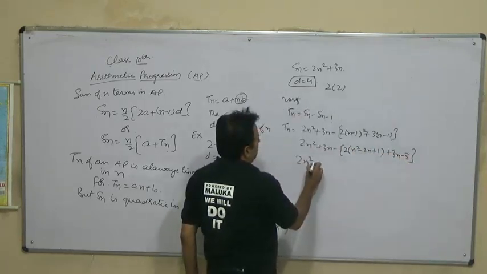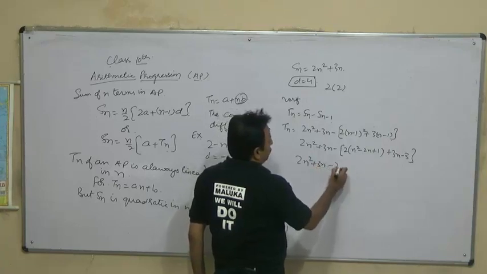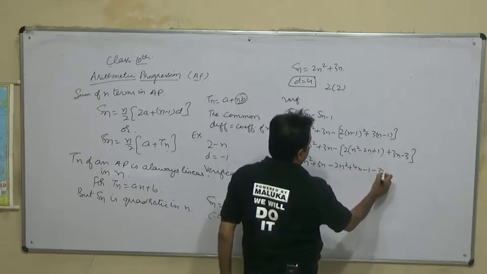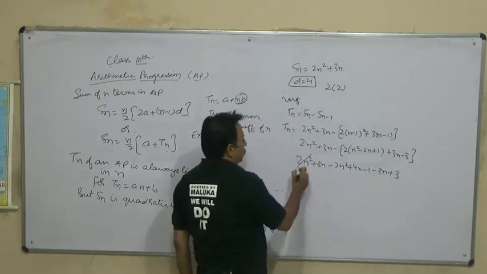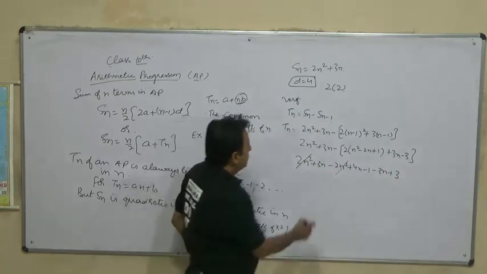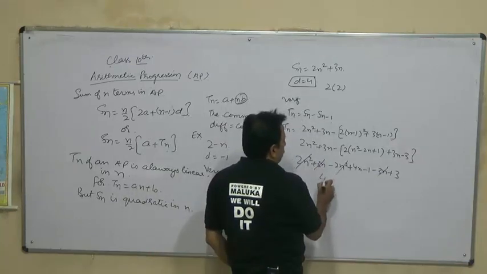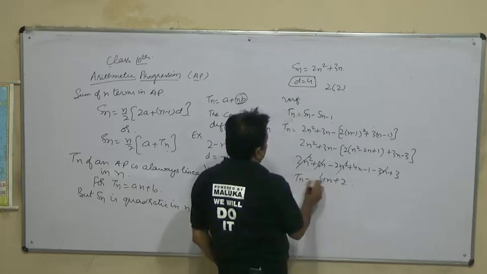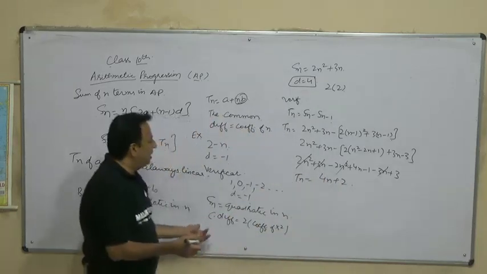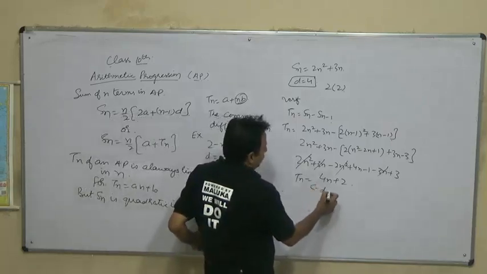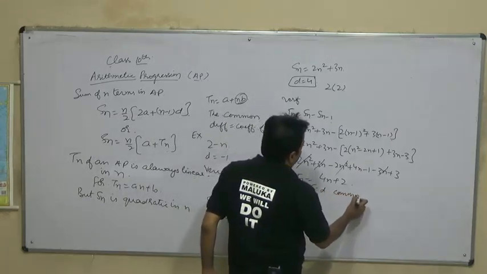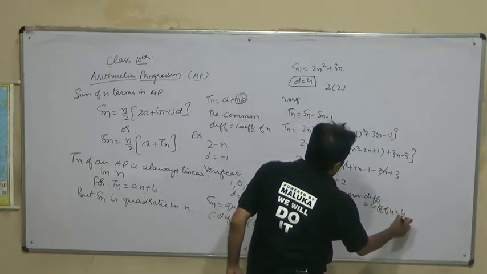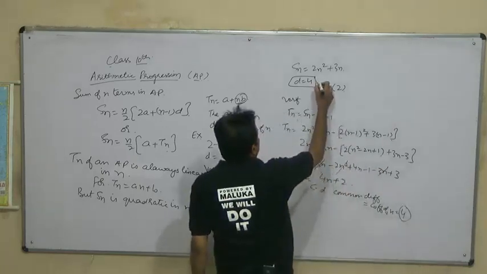So 2n square plus 3n minus 2n square plus 4n minus 2 minus 3n plus 3. The 2n square cancels out, the 3n also cancels out. This is 4n plus 1. So this is Tn. And in this case, as we have verified earlier, the common difference is given by the coefficient of n, which is equal to 4. So which we have stated here, this is 4.